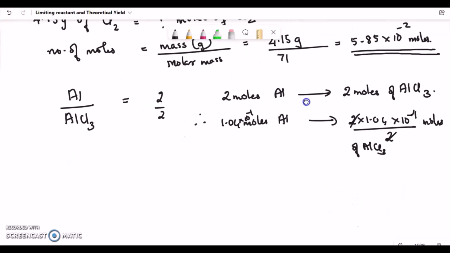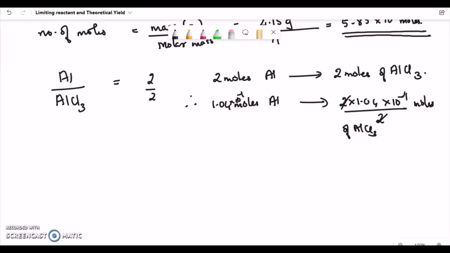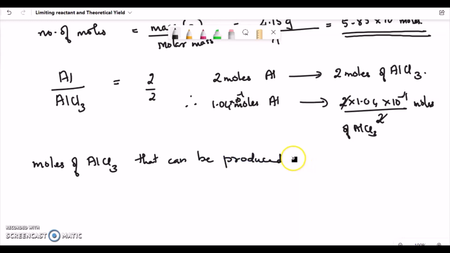So that is the number of moles of aluminium chloride that can be produced using 2.8 grams of aluminium. Moles of aluminium chloride that can be produced from 2.8 grams aluminium is equal to 1.04 times 10 raised to minus 1 moles.